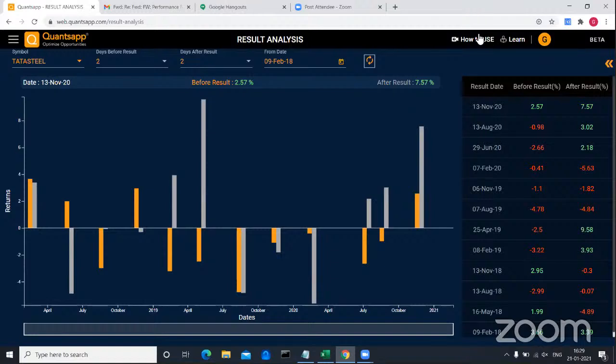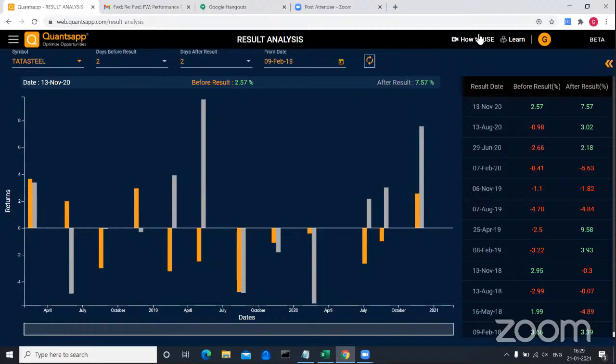So if you are looking for a particular stock, you want to see how the previous results went, I mean to say, if on a particular day the result came, then how was the stock movement 2 days before, and how was the stock movement 2 days after. The same way you can see for 1 day and 2 days.